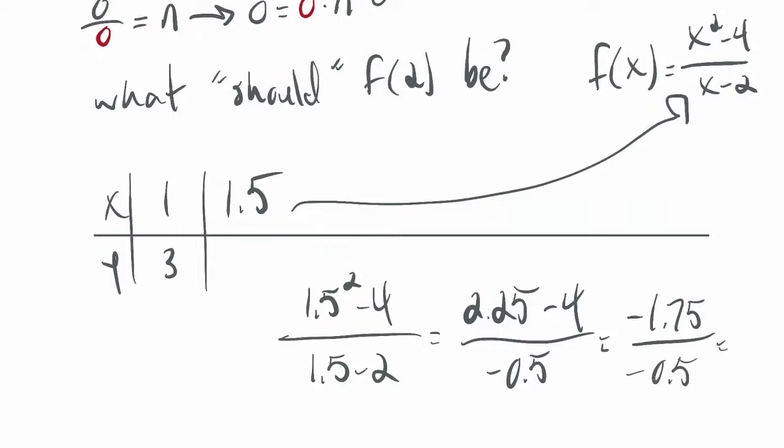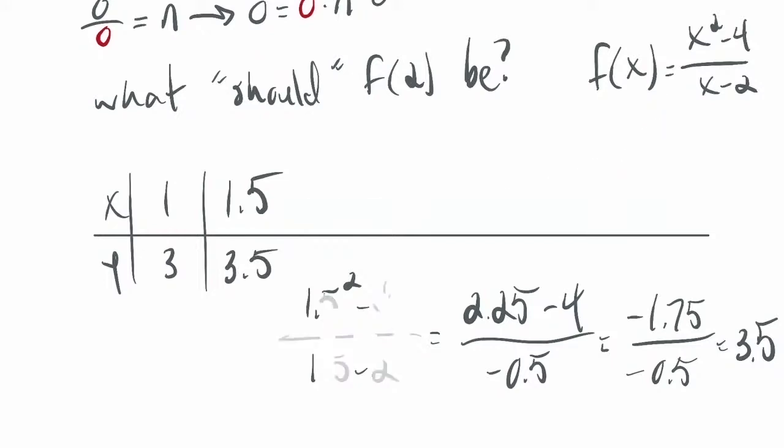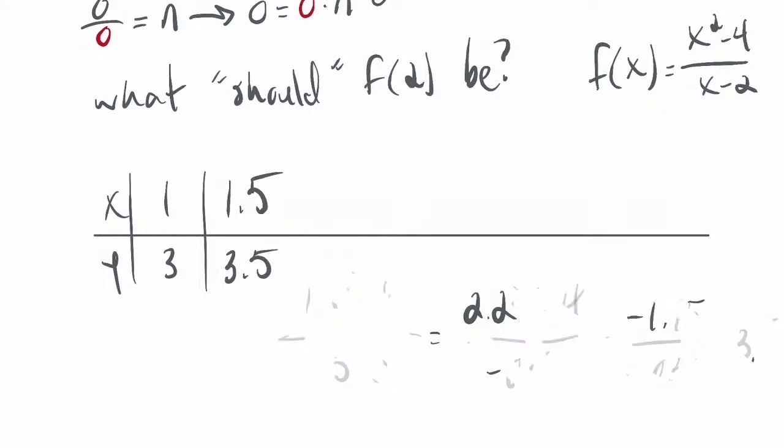Oh, I get 3.5. Okay, so 3.5 is what you get from plugging in 1.5. Get rid of all that. And of course, you could use a calculator. I just wanted to show that we don't need a calculator for this. It's just faster to use a calculator.